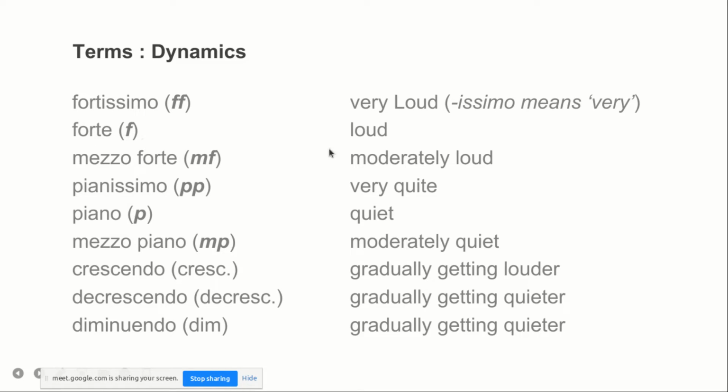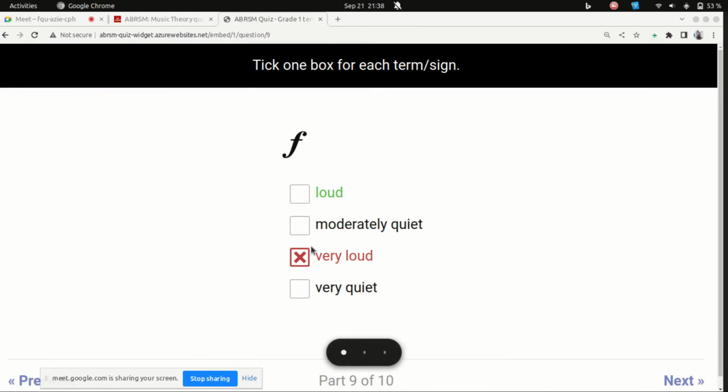F is the forte. It means loud. So F and P, just loud and soft, loud and quiet. Okay, I think that is clear.